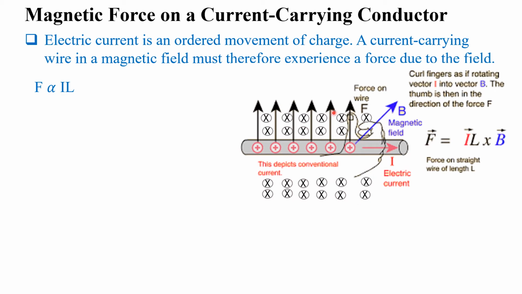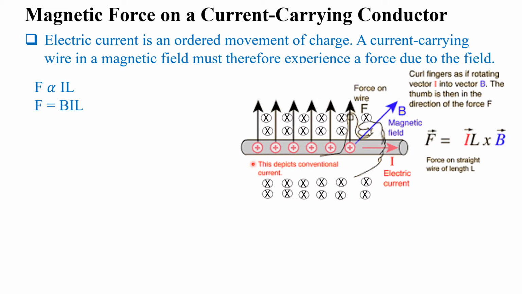Due to this, a force is applied on this conductor. The force depends on the current I in the wire or conductor and the length L of the conductor that lies in the field.